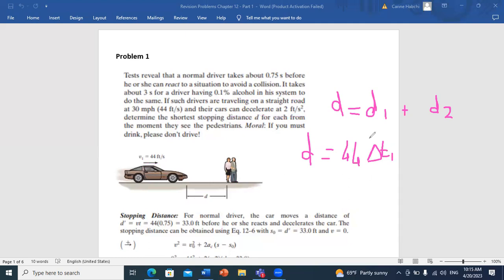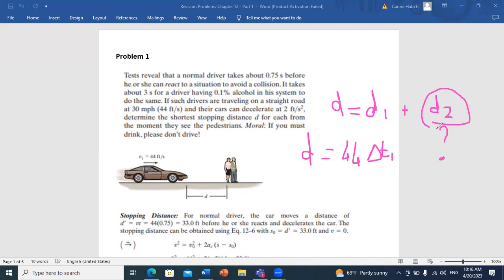While for phase 2, okay, how can you calculate d2? What do we know? Use the equations we learned.